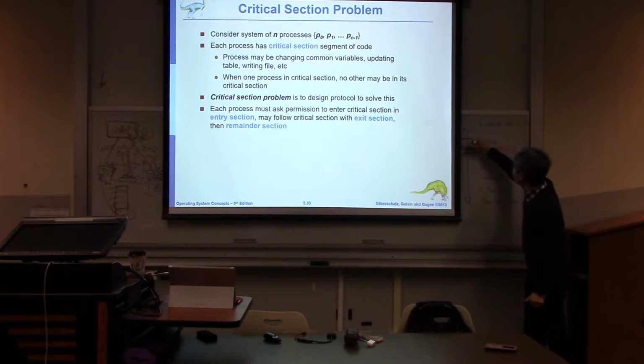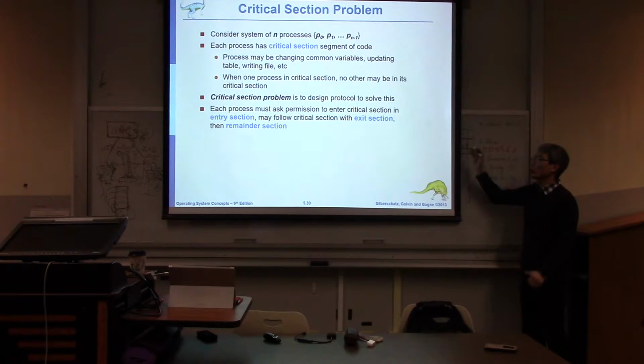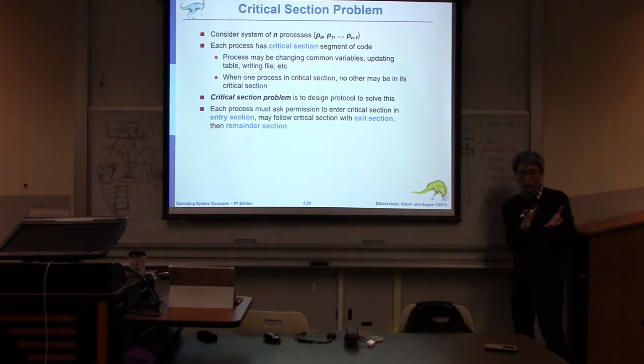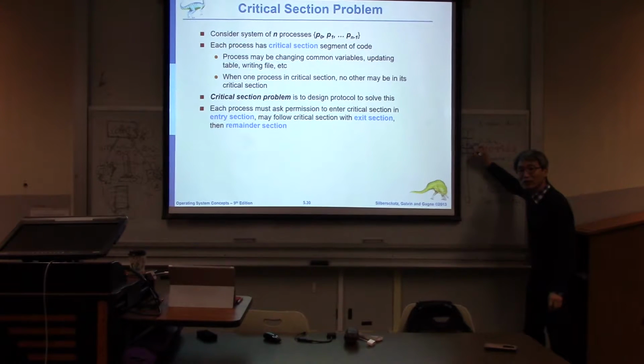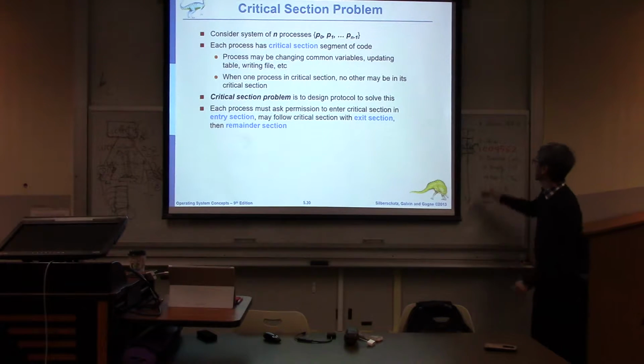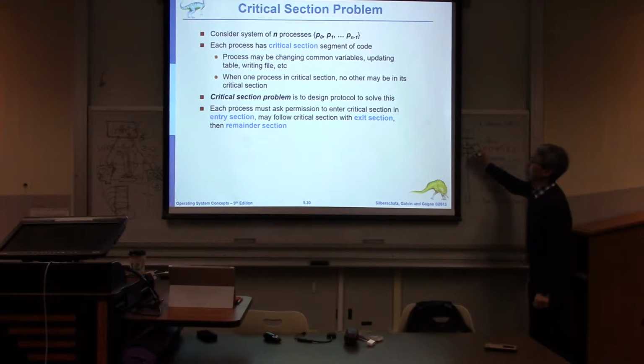Just before you realize that you need to access the shared data, which means you are going to enter the critical section, this is called the entry section. And after you leave the critical section, this is called the exit section.